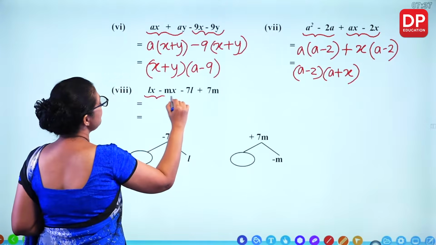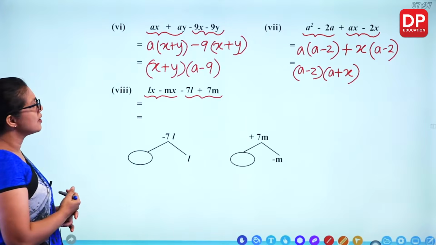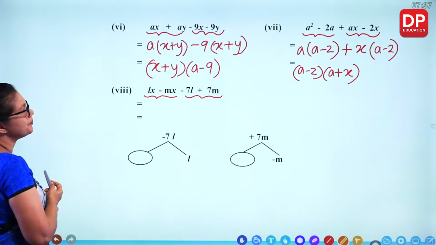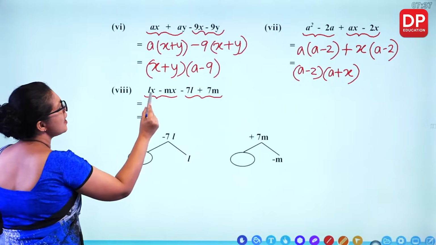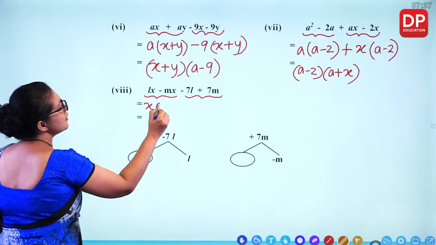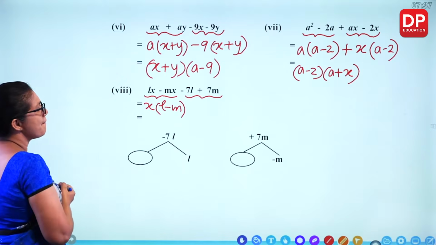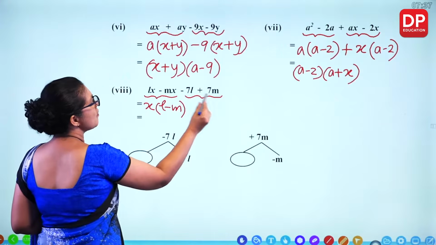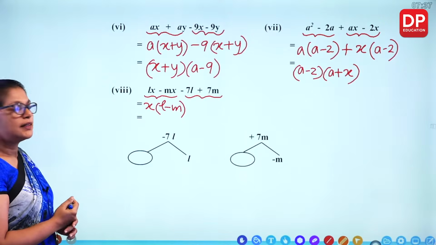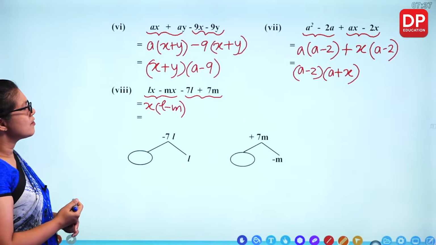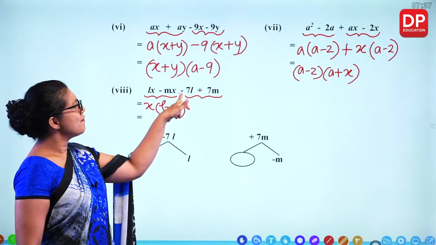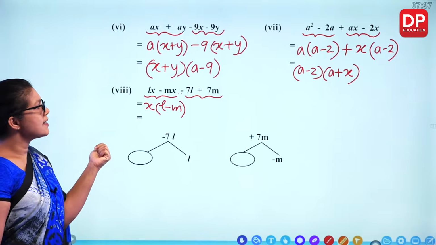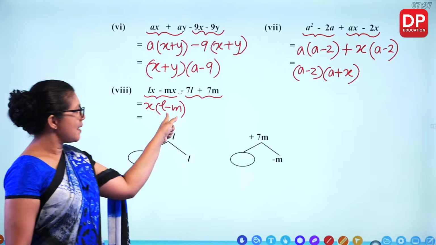This one, you take these two out. So what's common? I can take x out. L minus m. Then this one, which one can we take? Minus 7 or plus 7? So think about this, the minus sign in the first place. If you take minus 7 out, you are getting l minus m.